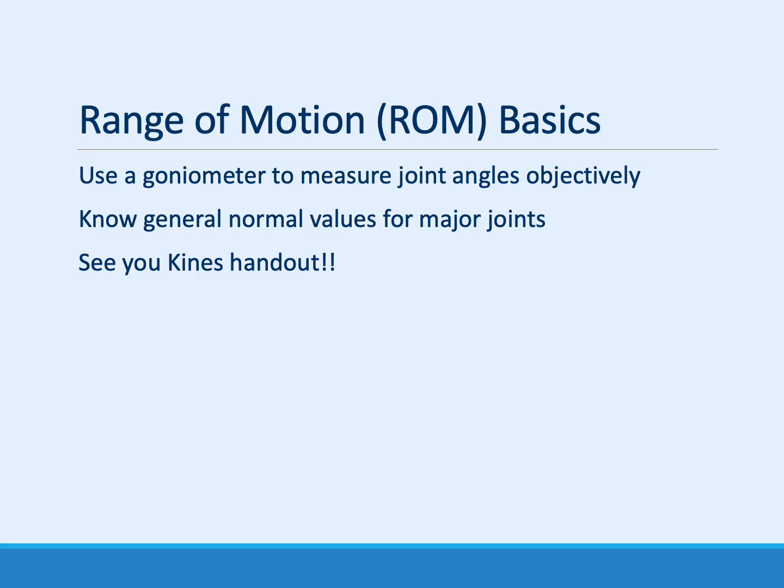Because end feel is part of that data collection. And then understanding the capsular pattern for those major joints is also going to help you identify whether or not range of motion losses are consistent with a diagnosis that's related to the joint capsule, or if there is a range of motion deficit that is inconsistent with the joint capsule and there's some other referral that needs to happen or something of that nature.